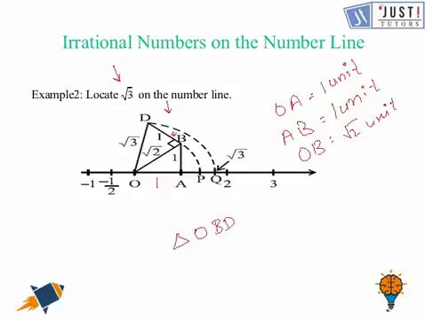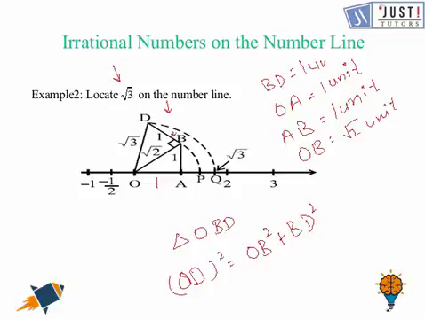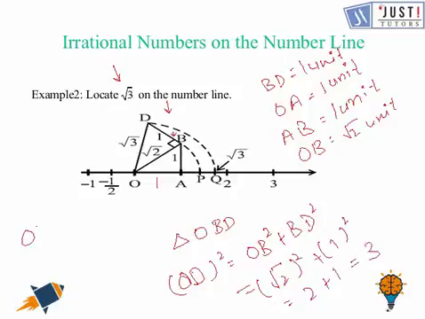Again by using the Pythagoras theorem, OD square equals OB square plus BD square, where BD is also 1 unit. OB is root 2, so root 2 square plus 1 square equals 2 plus 1, which equals 3. So OD square is 3. This represents OD as under root 3 units.